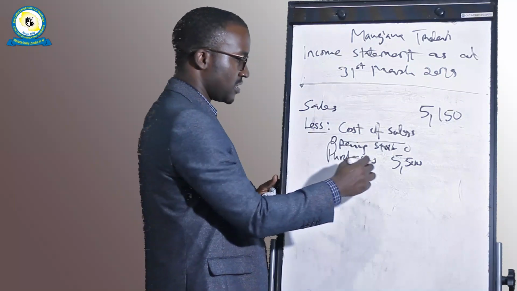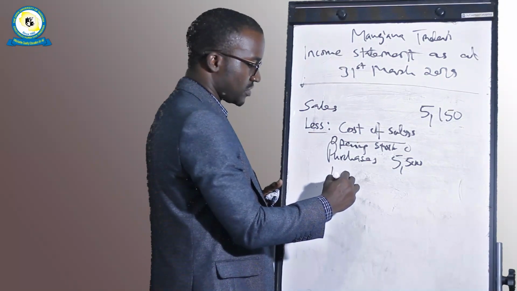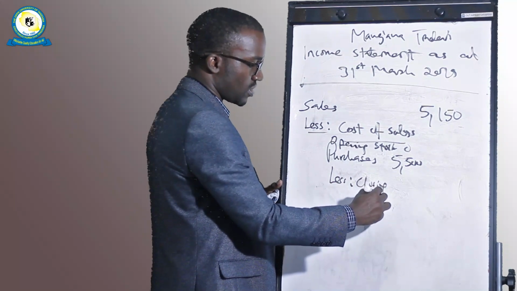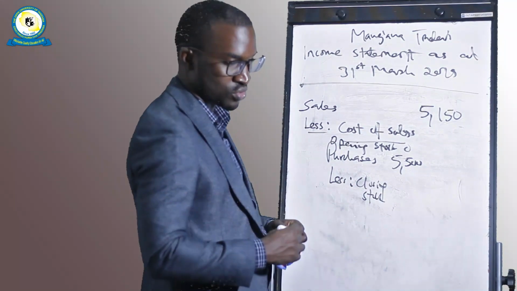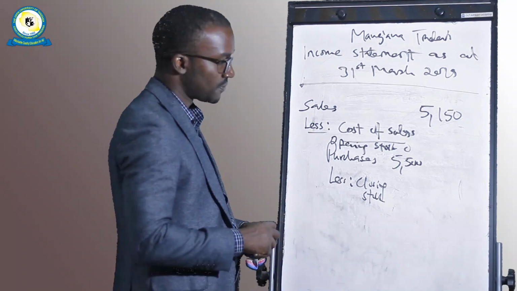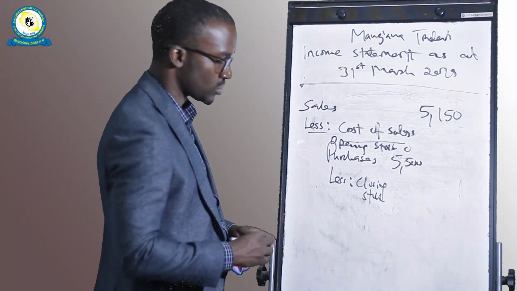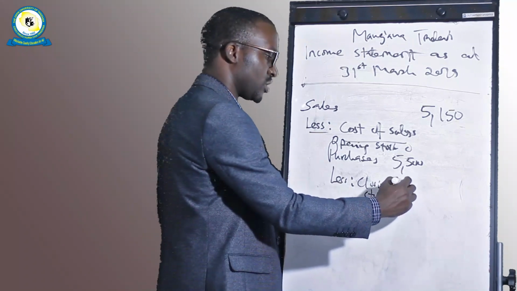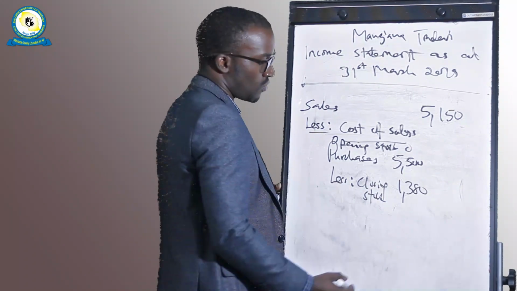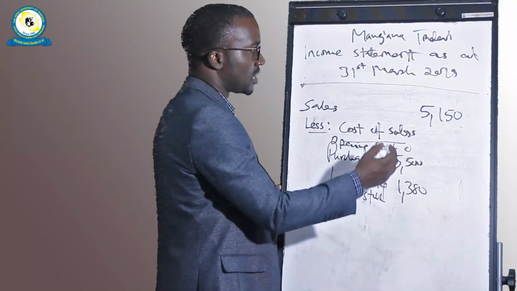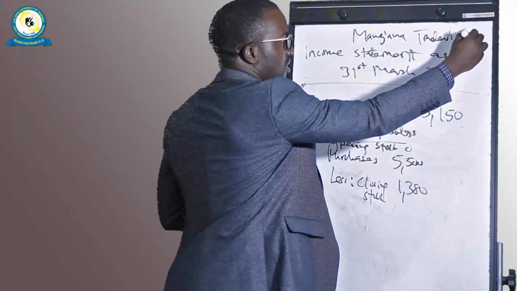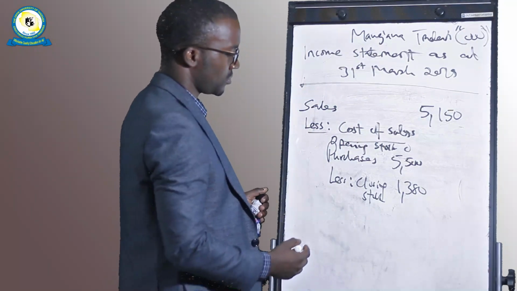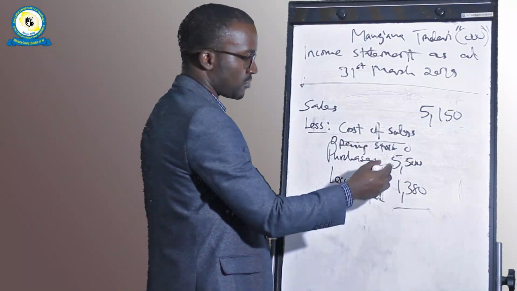You add purchases. Then after adding purchases, you list the closing stock. If you go through the note there, we are told that our closing stock is 1,380,000. So I'm going to shorten it here, 1,380, but actually this represents 1,380,000. Now I'm going to less it here from our purchases.